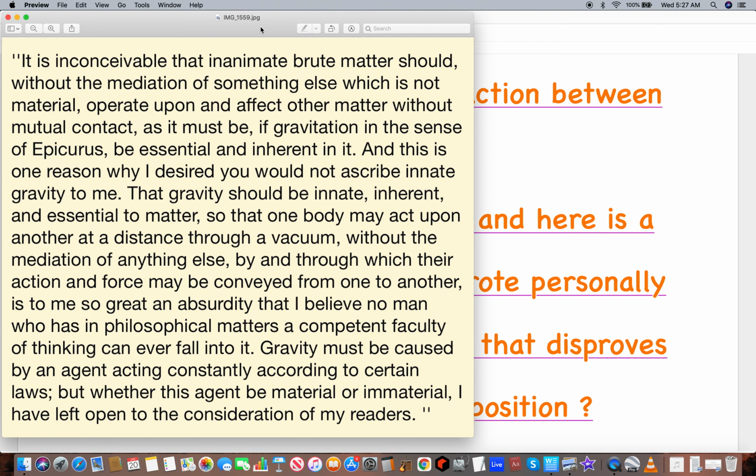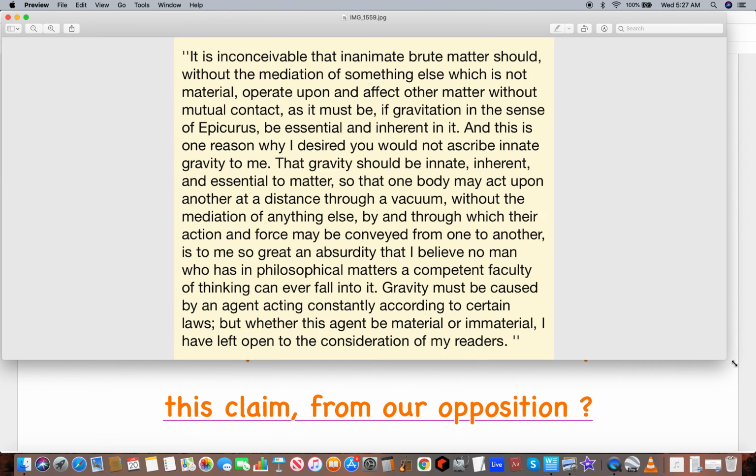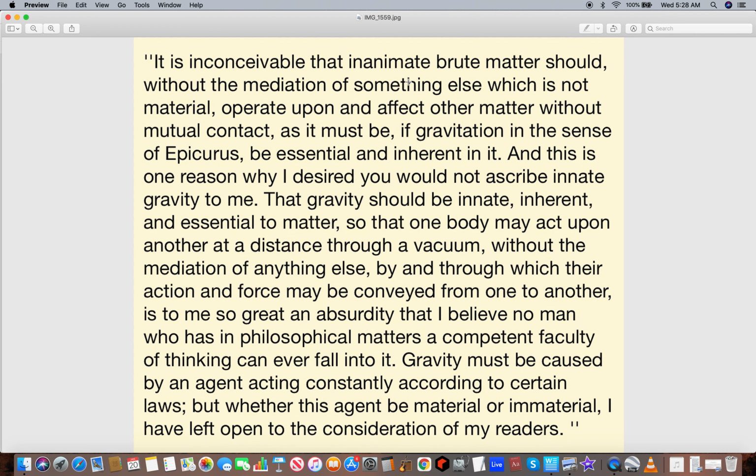Okay, one moment now. Just going to make it a bit bigger, but in the center of the screen. Okay, from Isaac Newton: It is inconceivable that inanimate brute matter should, without the mediation of something else which is not material, operate upon and affect other matter without mutual contact, as it must be if gravitation in the sense of Epicurus be essential and inherent in it.